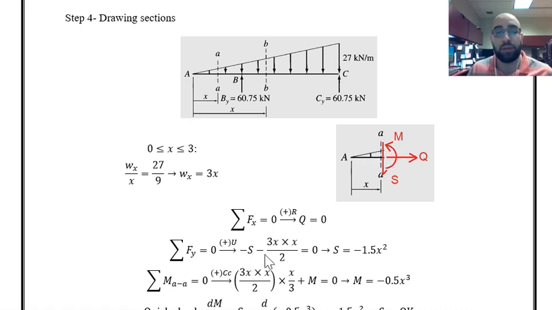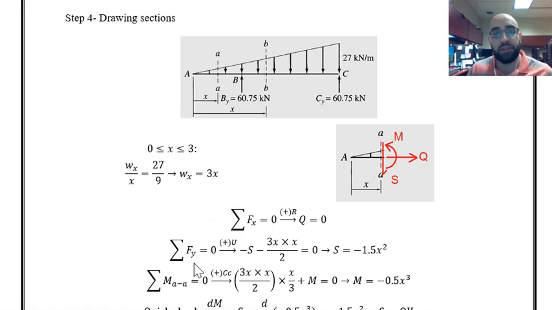If positive is downward, then you can say positive s plus the rest of the terms. This is your choice, but this is the convention, and that we have to always have that based on the behavior of the beam. This is just for the sake of writing the equation. This positive upward, or positive to the right, or positive counterclockwise, these are just for the sake of writing equations.